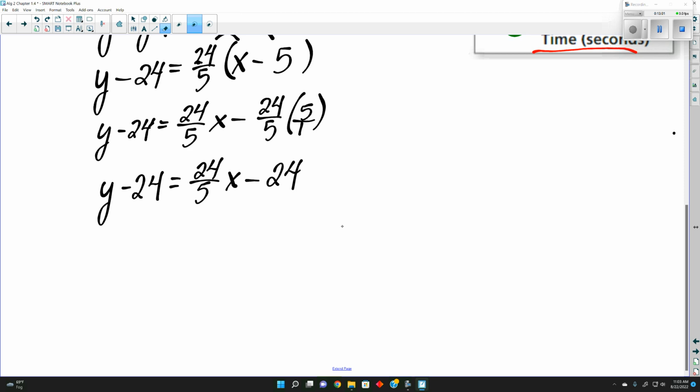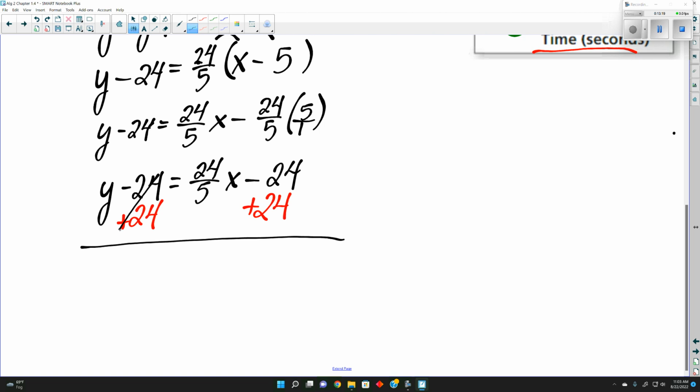Now we need to add 24 because we need to get y officially by itself, and when we add 24, negative 24 plus 24 is 0.